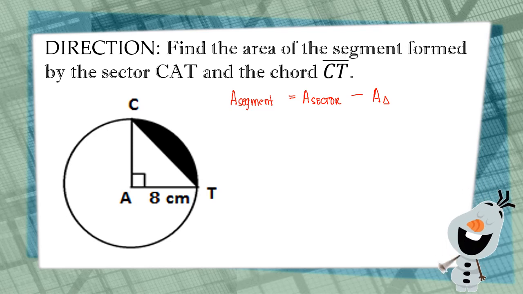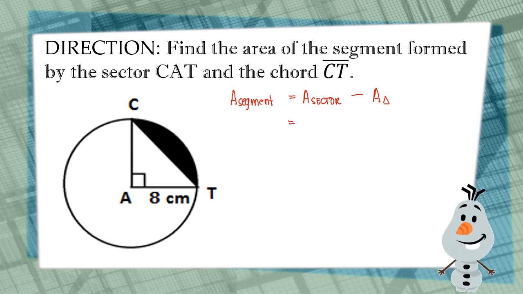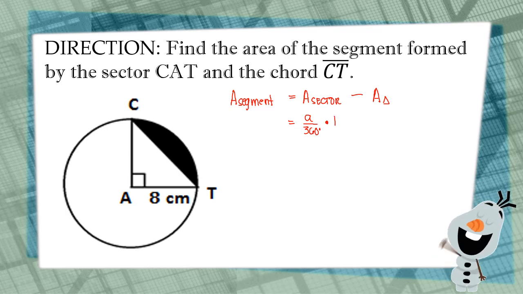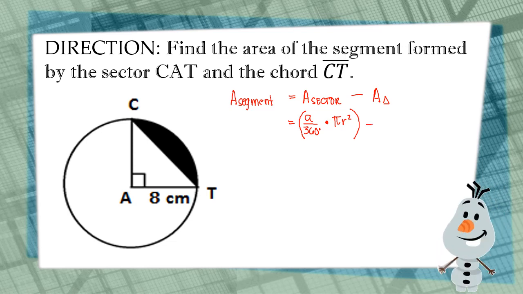So let us recall first what is our formula again to find the area of the sector. We do have A over 360 degrees times pi r squared. Okay, and then deducted by, how are we going to find out the area of the triangle?